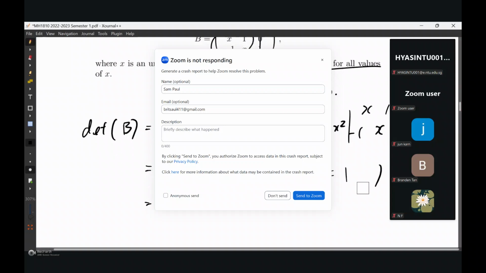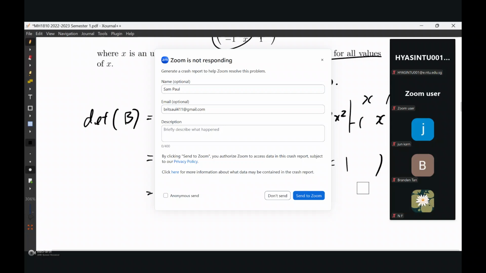And this will give me 2x squared times x squared plus 1, and plus 1. If you want to expand it, you can. So we can expand out to get 2x to the power 4 plus 2x squared plus 1.